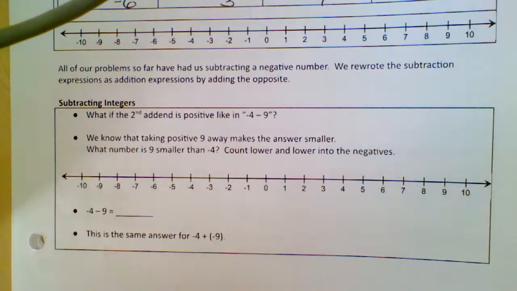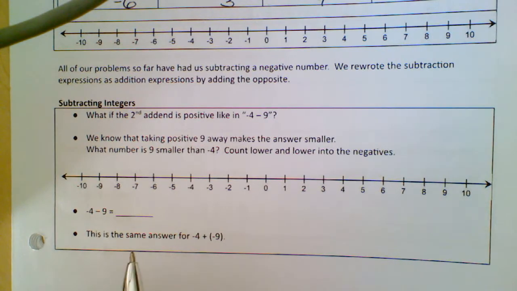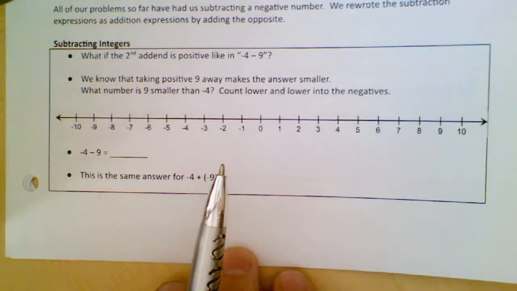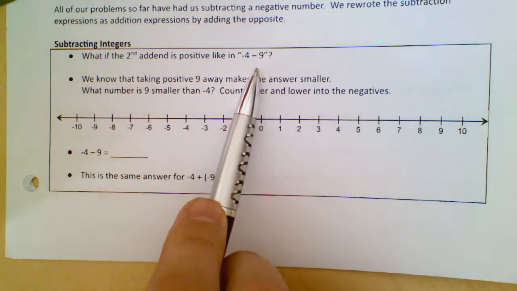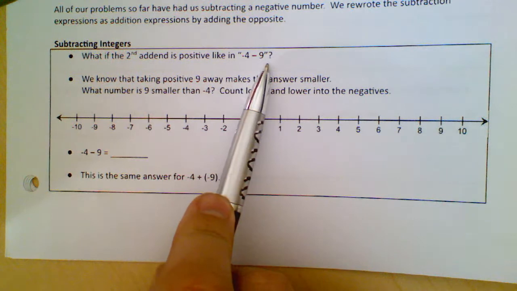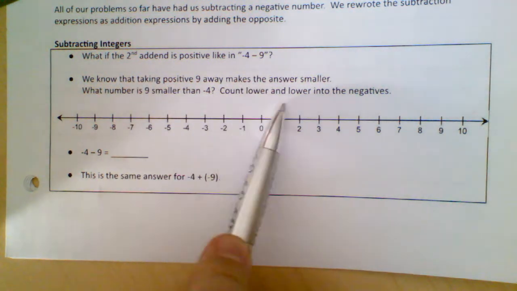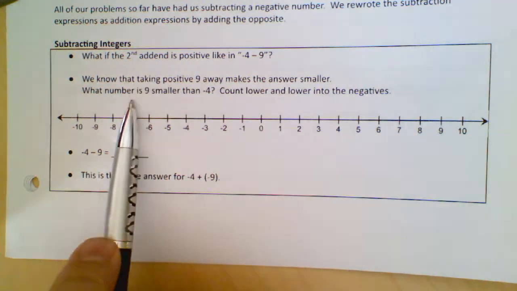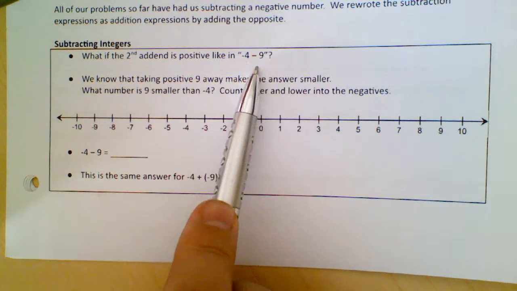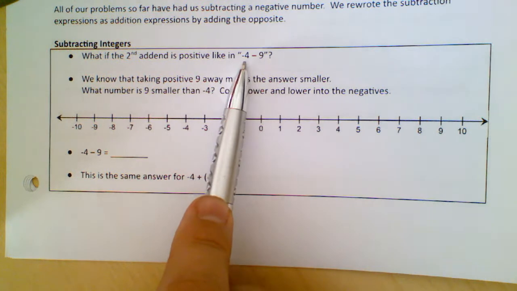So all of the problems so far have had us subtracting a negative number. And in that case, we rewrote the subtraction problem as an addition problem using the opposite. And so we're going to check out what happens if the second number is a positive number, like -4 minus 9. We know that taking away a 9 makes the answer smaller. So this question is really asking what number is 9 smaller than -4?